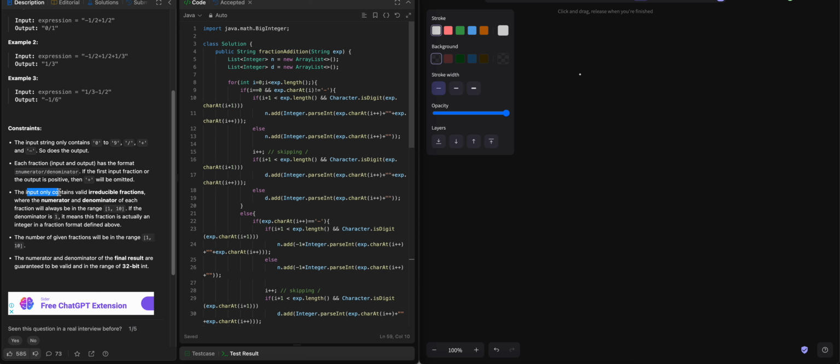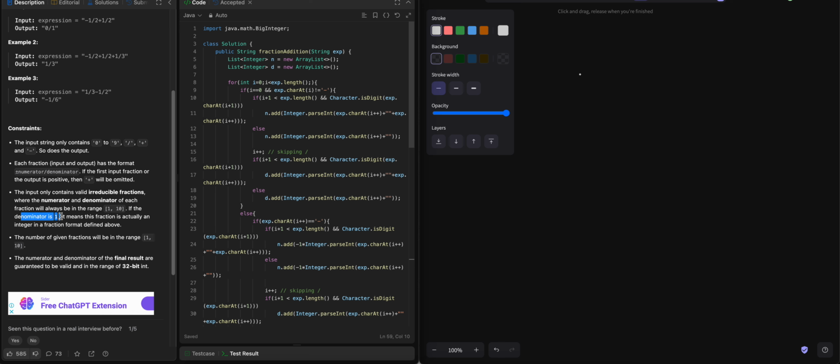And the input only contains valid irreducible fractions, where the numerator and denominator of each fraction will always be in the range 1 to 10. If you look at the range, all would be one digit except 10, which is the only two-digit number, so we also have to handle that.